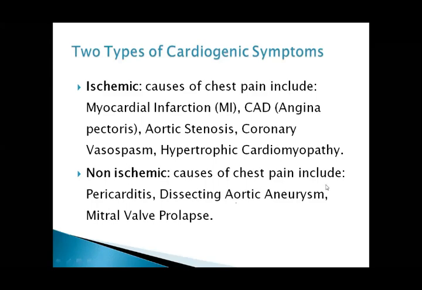Non-ischemic causes of chest pain include pericarditis, dissecting aortic aneurysm, and mitral valve prolapse. So damage of the mitral valve, aortic aneurysm, or pericarditis, inflammation of the pericardium. These are all non-ischemic causes that can also cause cardiogenic symptoms.